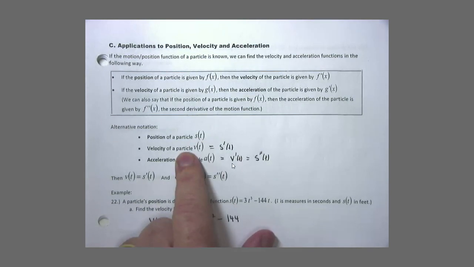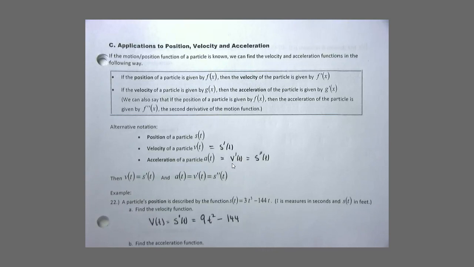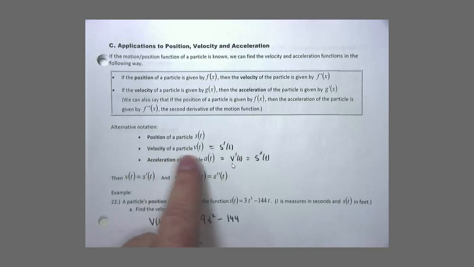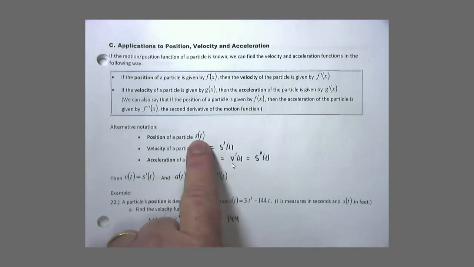The velocity of the particle is the change in distance over the change in time. If you look at units, it would be something like feet per second or miles per hour or kilometers per hour. It is distance per time. And when you hear that "per" in the units, you know it's a derivative. The velocity, by definition, is the first derivative of position.